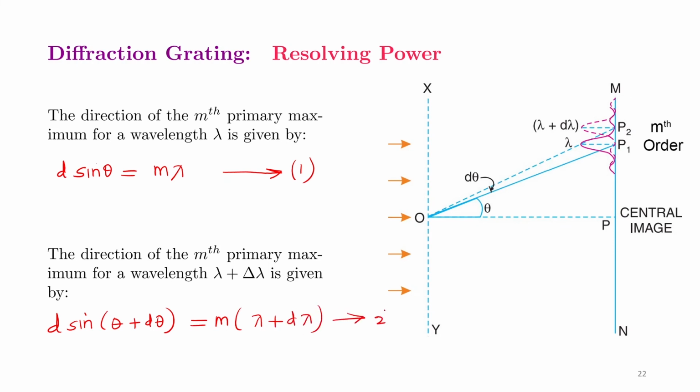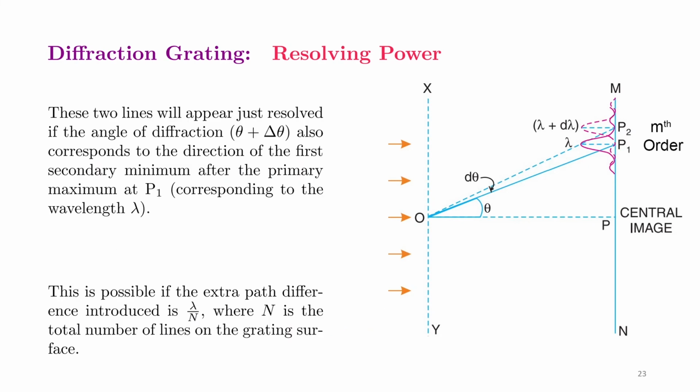Let it be equation number 2. And these two spectral lines will appear just resolved if the angle of diffraction theta plus delta theta also corresponds to the direction of the first secondary minimum after the primary maximum at P1. So this is possible if the extra path difference introduced is lambda over N, where N is the total number of lines on the grating surface.